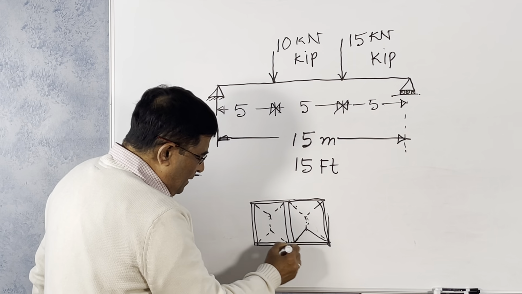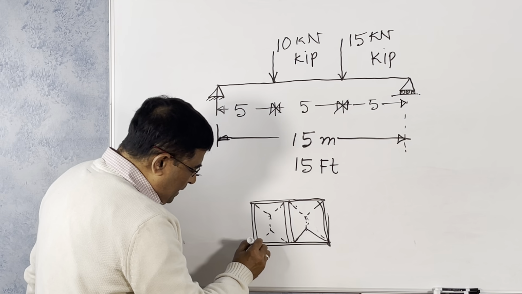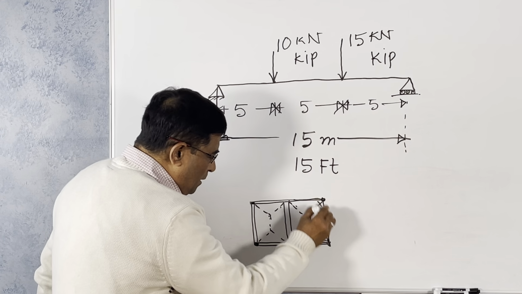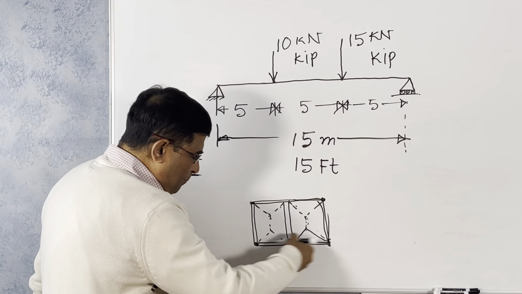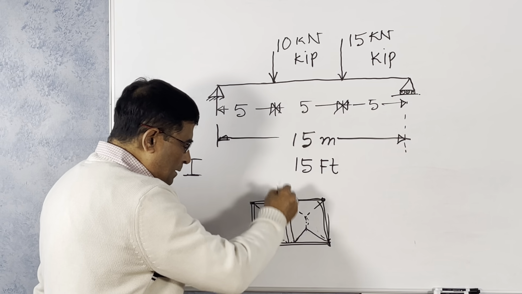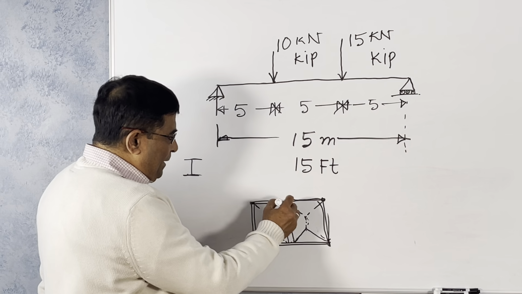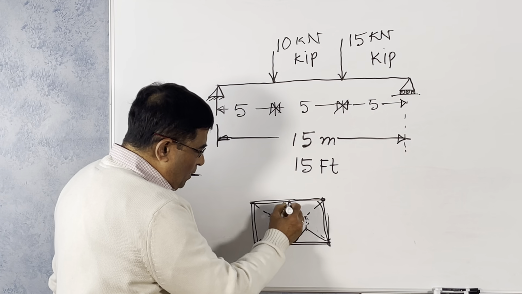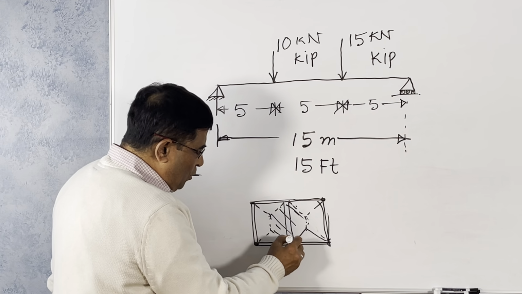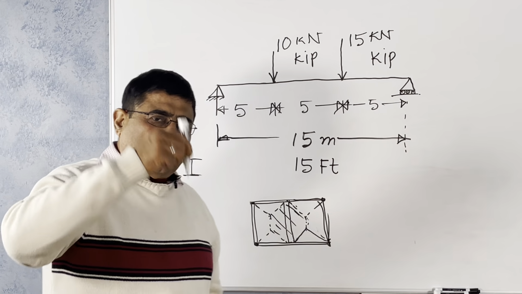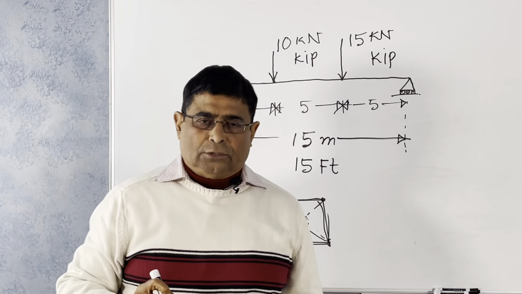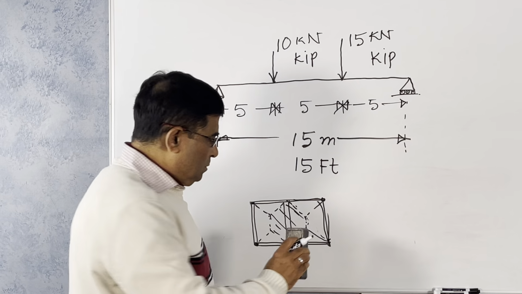Okay, so columns will be under this. Here is the column, here is the column, here is the column, here is the column. This is the main beam and this is the secondary beam. The secondary beam will collect this tributary area load. Half will go there, half will go there as concentrated load, point load. This is how you have got a point load.